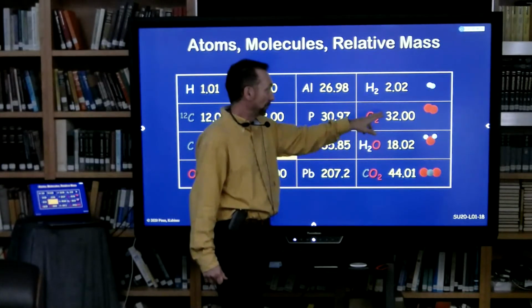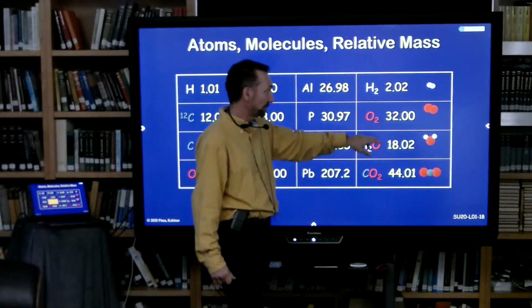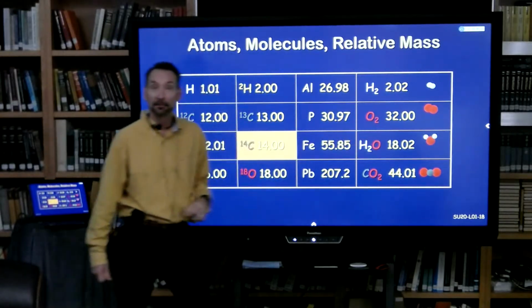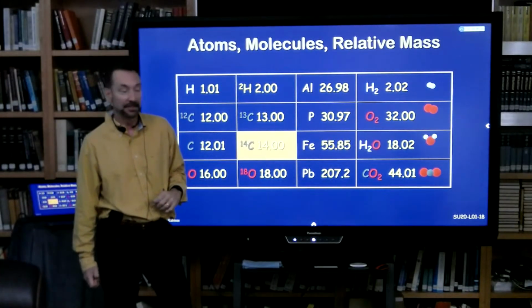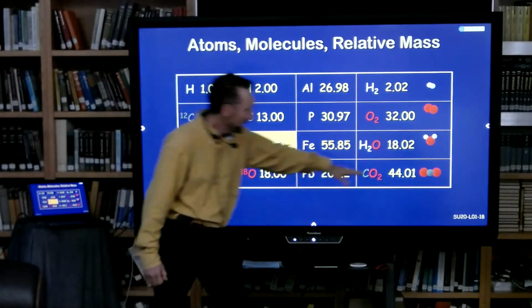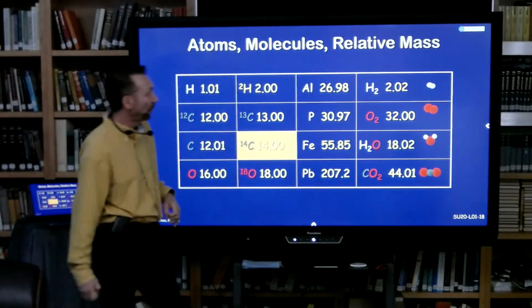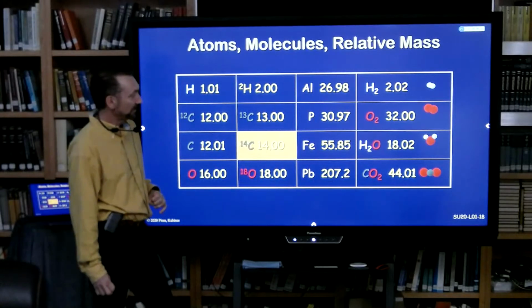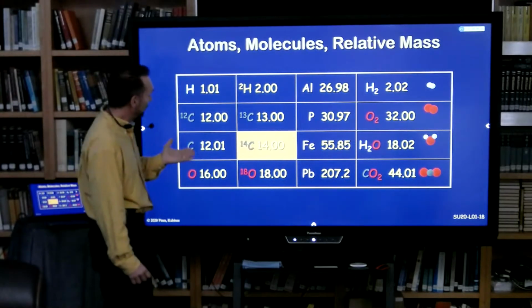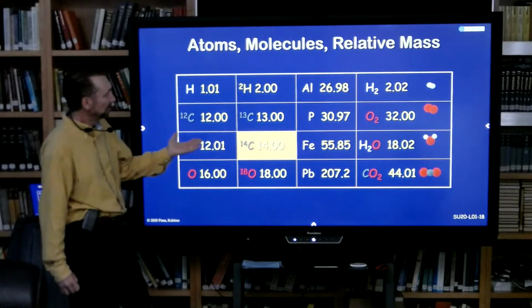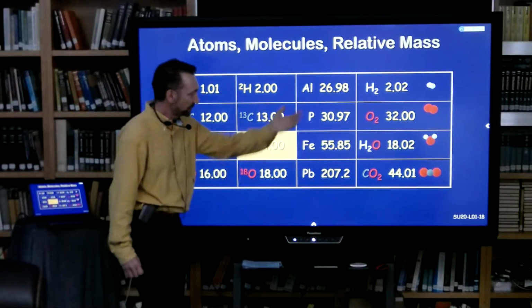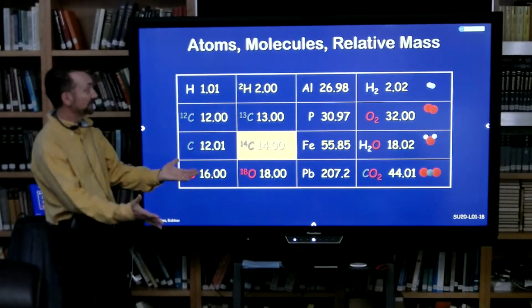If you wanted to react them 1-to-2 or something like that, just multiply the relative mass to get the right number of particles in your sample. Here's carbon dioxide, 44 is its relative mass. Now, these relative masses are going to help us do all kinds of calculations.